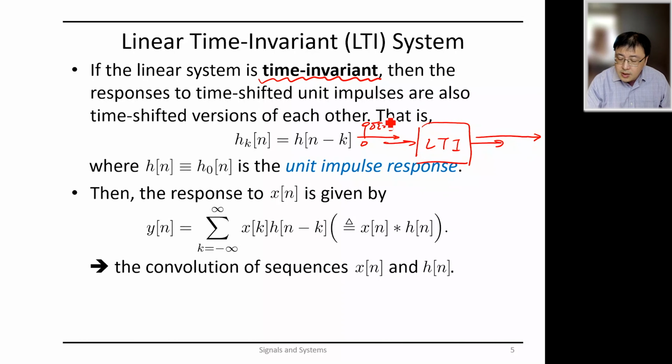For this unit impulse, you observe at the output a response that looks something like this, assuming that this is time 0, 1, 2, 3, and so on. This response we call h sub 0 of n.